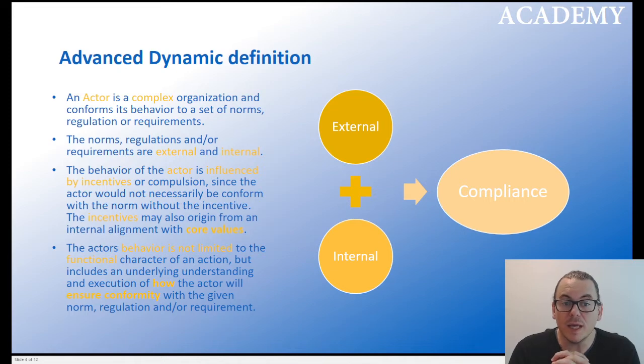So of course the behavior of the actor is influenced by incentives, but the incentives might also originate from internal alignment with the core values. So let's look at the core values of, for example, a company.